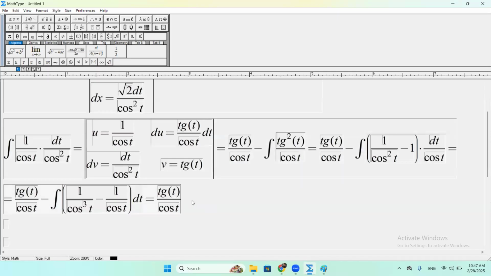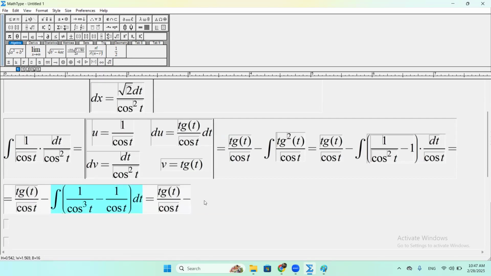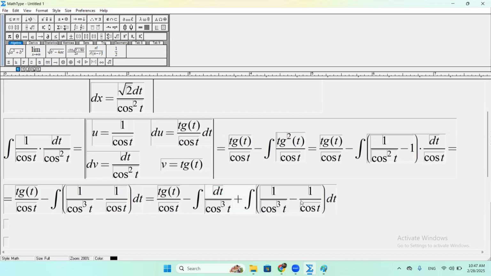So minus, and stop. So the first integral and the second, and plus this integral.